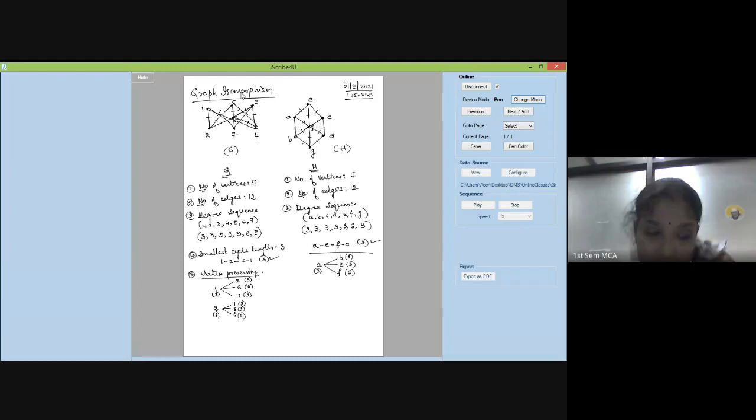Similarly, here I can take up any of them. Let me take up B only here. B has degree 3. What are the adjacent vertices of B? We have A, F and G, with degrees 3, 6 and 3.